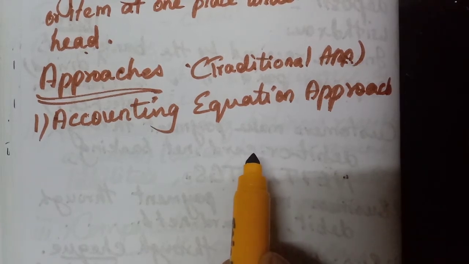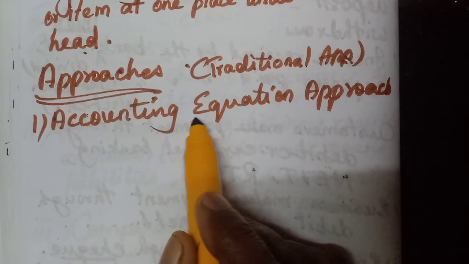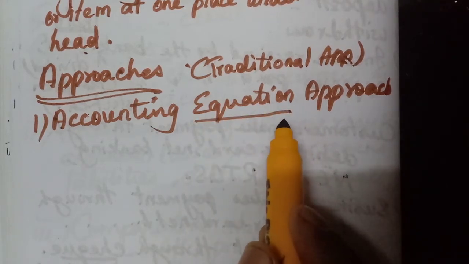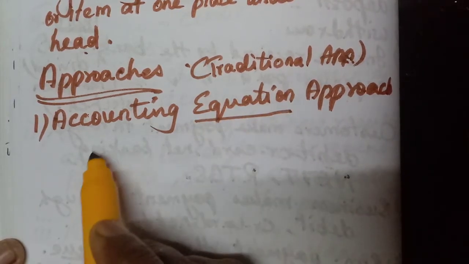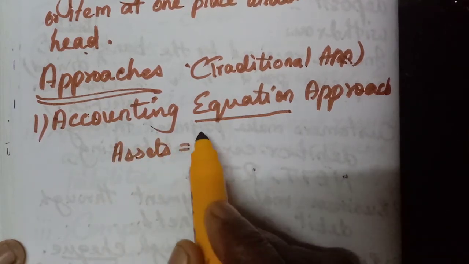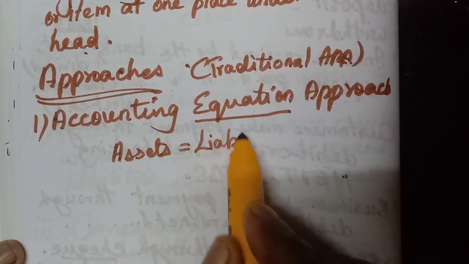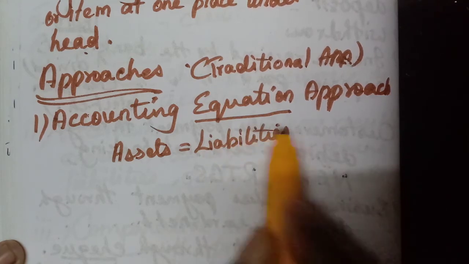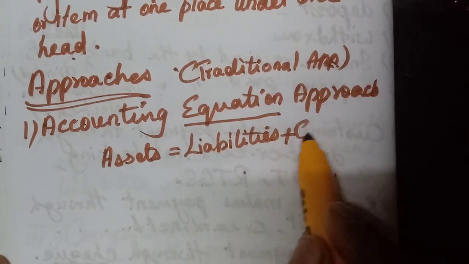We know there is one equation, isn't it? You know that equation. What is that equation? Assets is equal to liabilities plus capital.